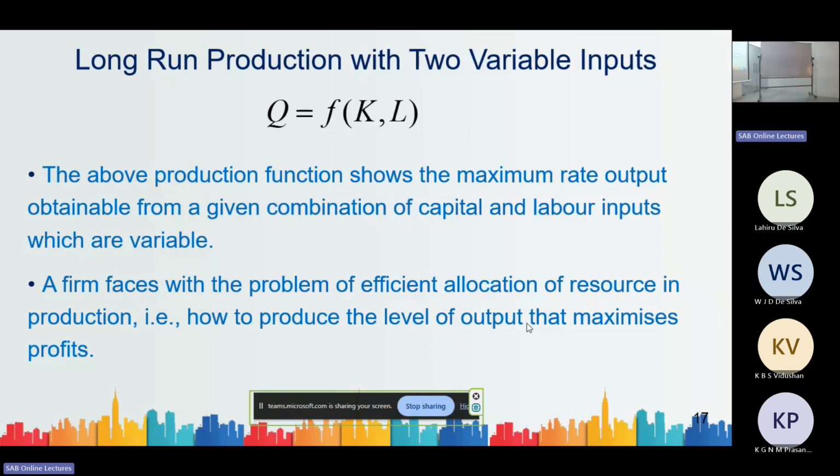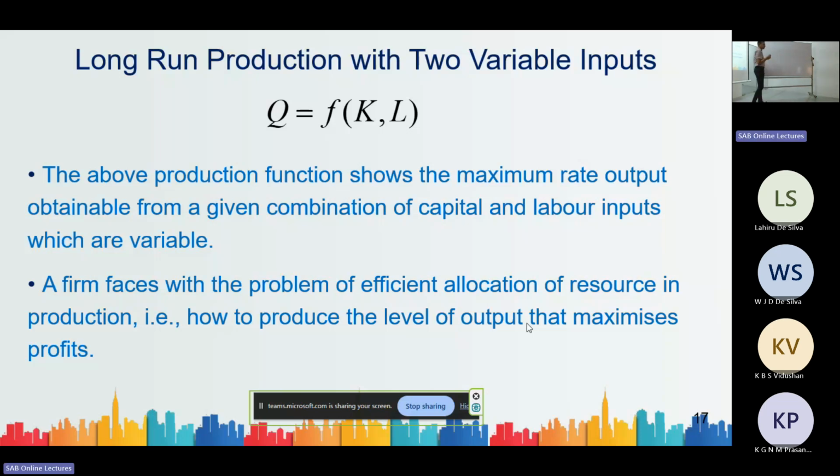In the previous two sessions, we were talking about production theory and cost theory related to the short run. In the first session, we talked about short run production theory, and in the second session, we talked about short run cost theory.